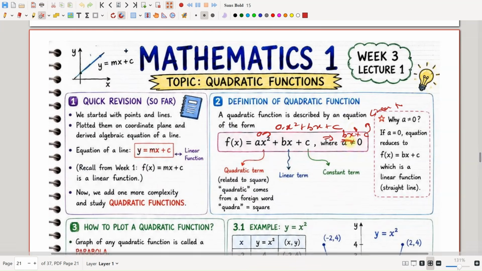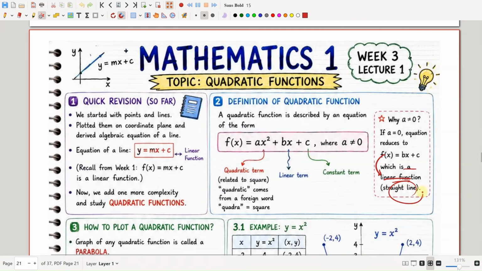So whenever the highest degree is 1, it will be a linear function. So the quadratic function will change into the linear function if a is equal to 0. So for a function to stay quadratic, a should not be equal to 0. That's why we are emphasizing a is not equal to 0. If a is equal to 0, the equation reduces to f of x is equal to bx plus c, which means f of x is a linear function, which means it's a straight line.